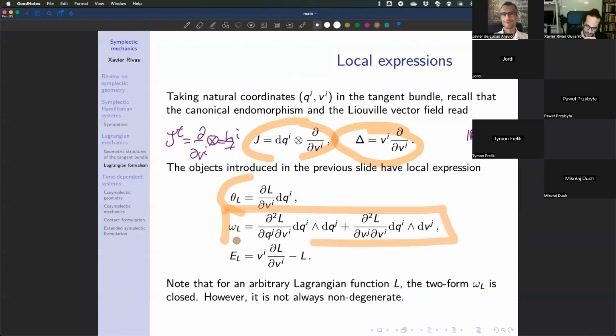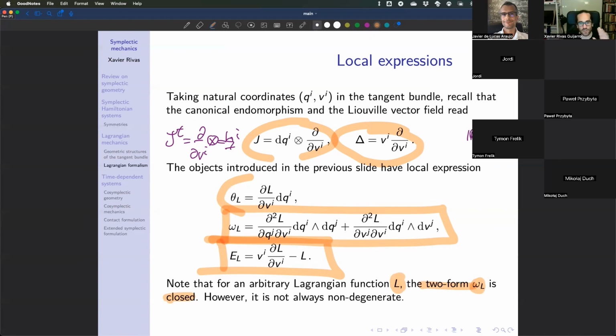The Cartan 2 form looks like this. It's just taking the exterior derivative with a minus sign of the 1 form. And this is just the Lagrangian energy, which corresponds somehow to the Hamiltonian function. So things that we have to see: for any Lagrangian function, the 2 form omega L is closed.